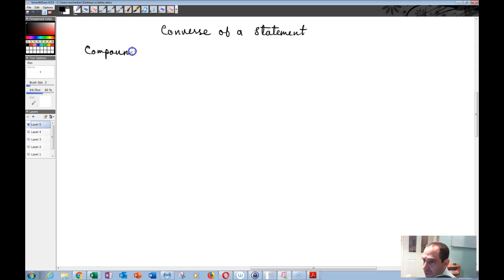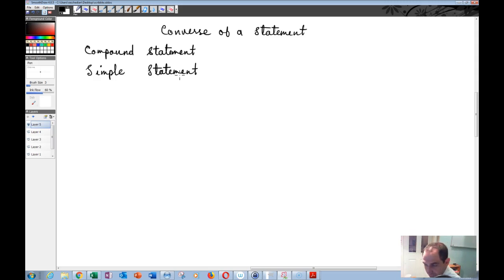And what a compound statement is: you can have something called a simple statement and something else called a compound statement. A simple statement is just one simple statement, as the name implies.